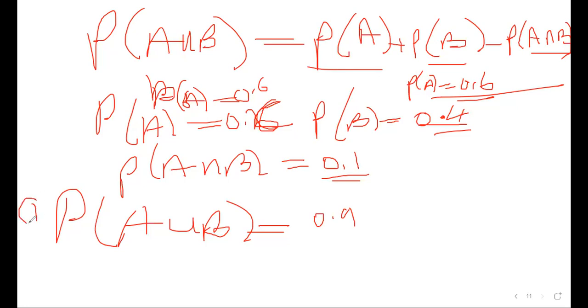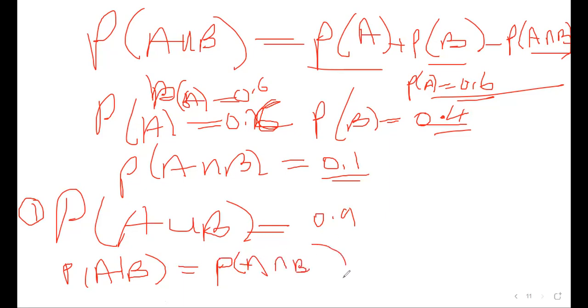So that's the first one. Now, what's the probability of A given B? Who can answer for me the probability of A given B? So A given B will be the probability of A intersection B divided by the probability of B. Correct.